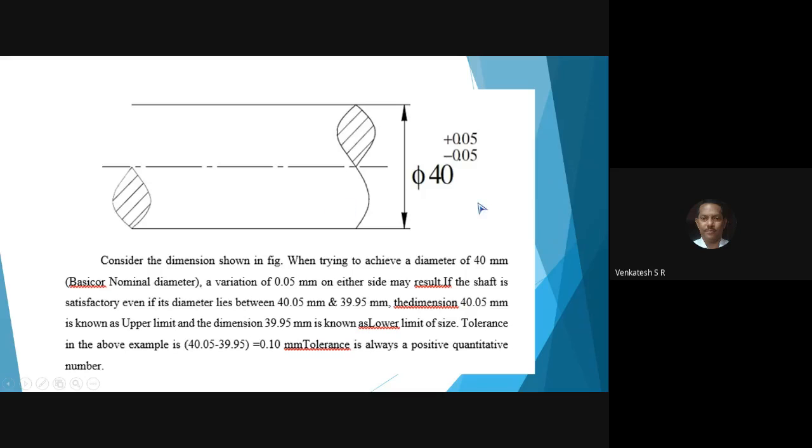Please write down 40 to the power plus 0.05, and in the subscript write minus 0.05. Like that you write down, or otherwise you can write like this also.